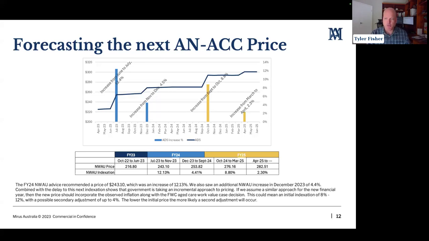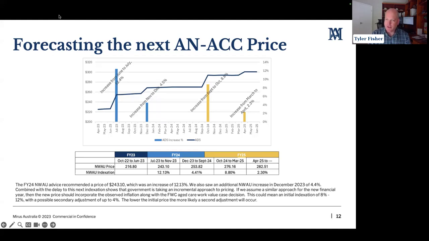So it couldn't be treated as a full 15% increase to those workers' wage expenses. Came out to, when we looked at that Fair Work increase along with inflation, we ended up just over 12% increase. So the NWOW became $243.10.